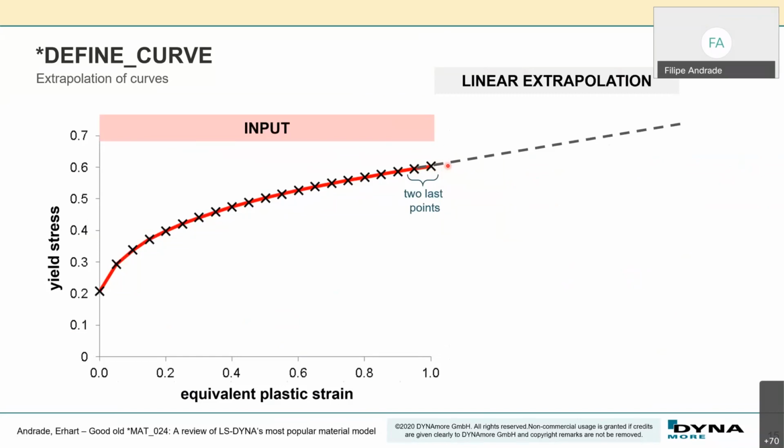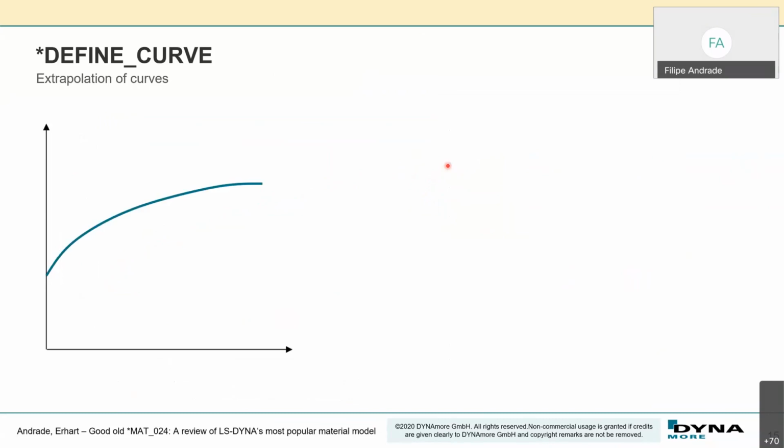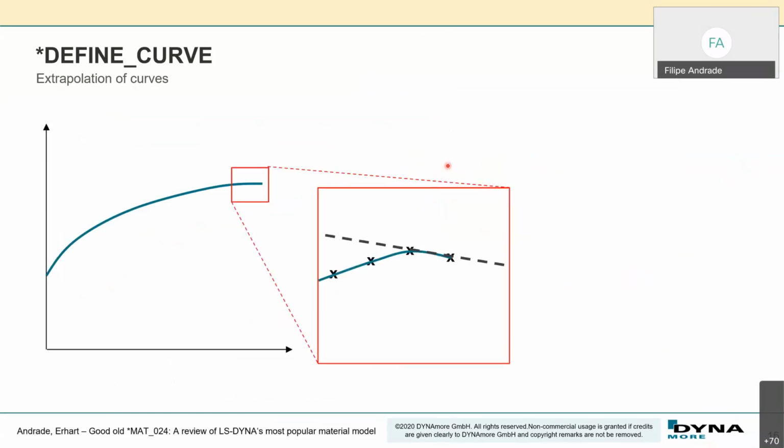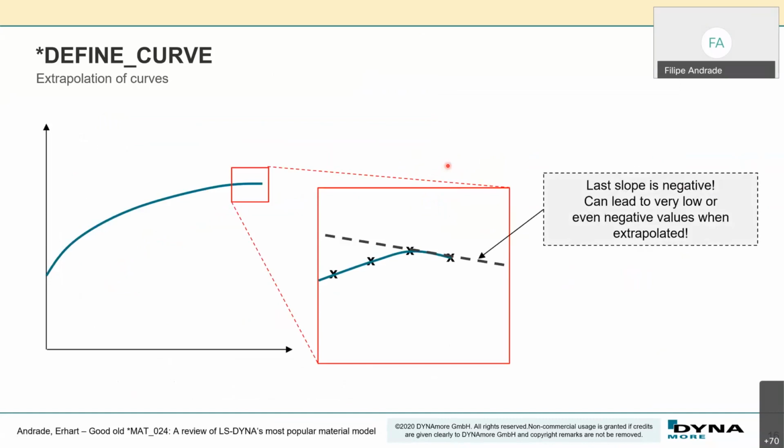And perhaps now another hint, this happens sometimes. I've seen it a few times. You have a curve like this. The curve looks quite good at first glance, and you don't see why there would be any problem. But then if you zoom in, you will notice that those two last points actually gave you a negative slope.